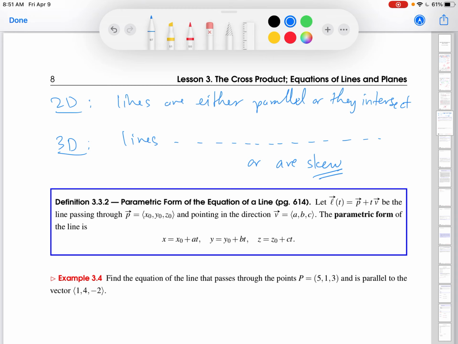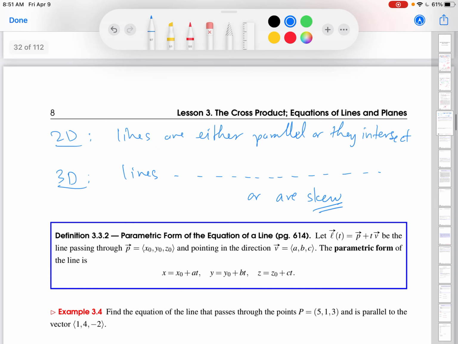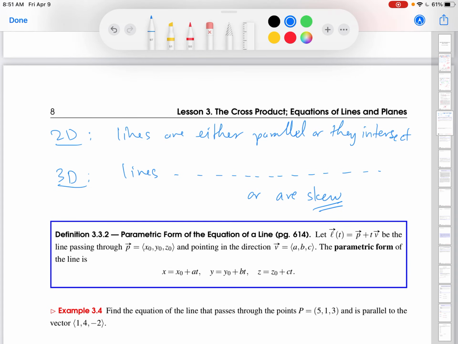Okay? So what do I mean by skew? Skew refers to this: if I go in 3 dimensions and think about the plane z equals 1, there it is. I think about the plane z equals 2, there it is. These planes never intersect. It's like taking your sheet of paper, putting it on your table, and then putting another sheet of paper right on top of that, but not touching it, parallel to it.